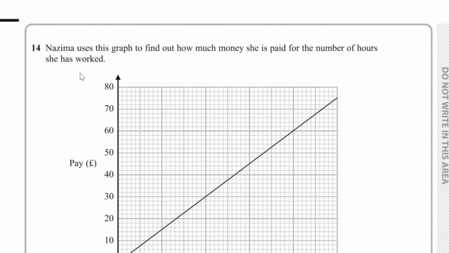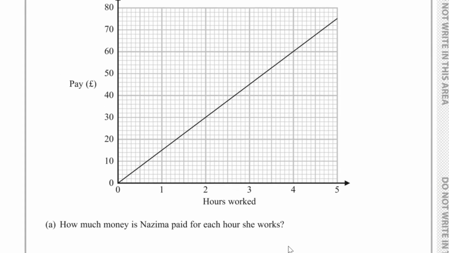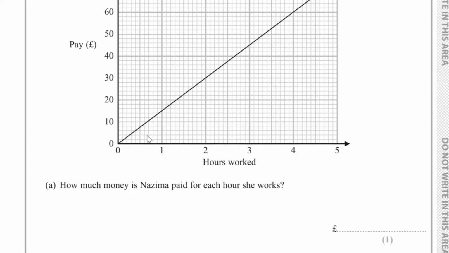Question number 14. Nazima uses this graph to find out how much money she is paid for the number of hours she has worked. We've got the pay and hours worked. For part A, how much money is Nazima paid for each hour she works? Well, here we need to work out the rate.